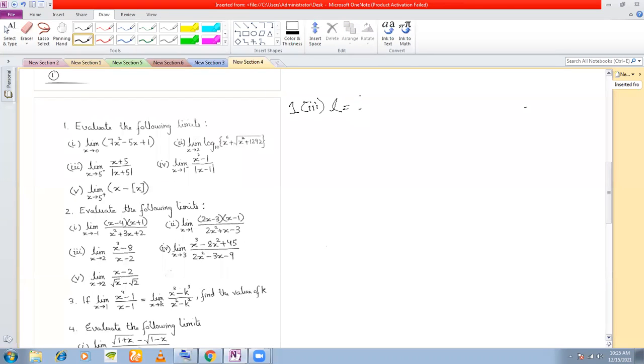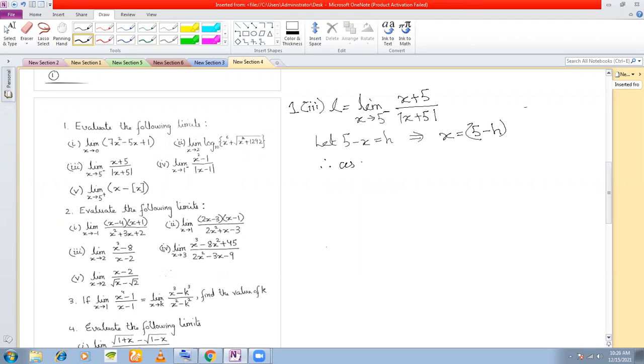L is equal to limit x tends to 5 minus of x plus 5 by mod x plus 5. Okay, this is a left hand limit actually. So how do you evaluate left hand limits? I say let 5 minus x is equal to h. That means what do I get? x is equal to 5 minus h.